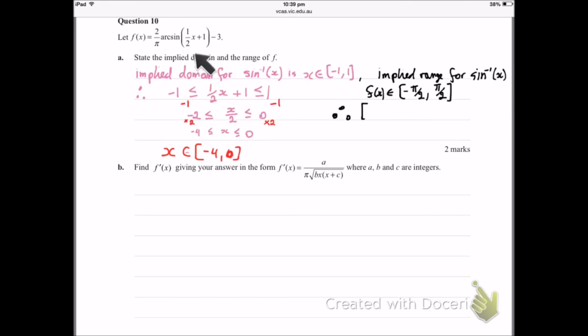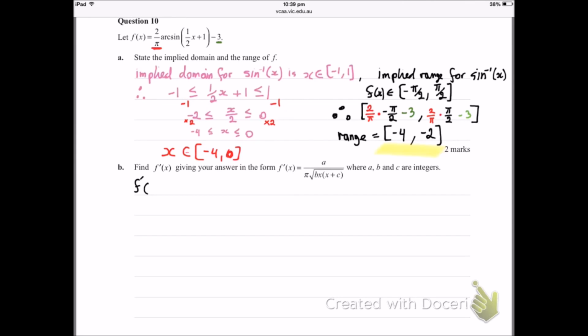So I have to do those two operations to the minimum and the maximum number in the range. Now let's simplify that and we get a range of negative 4 to negative 2. And that's our answer.